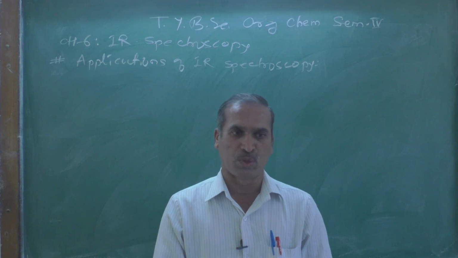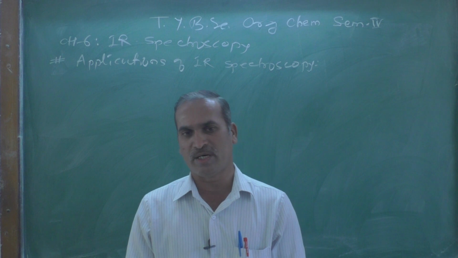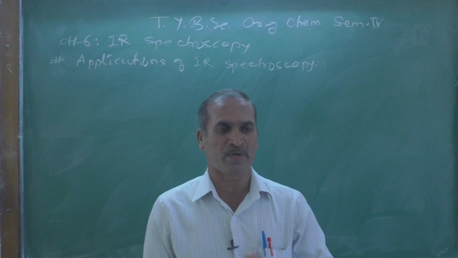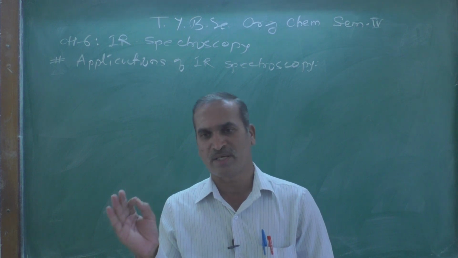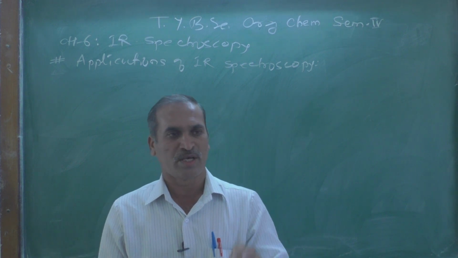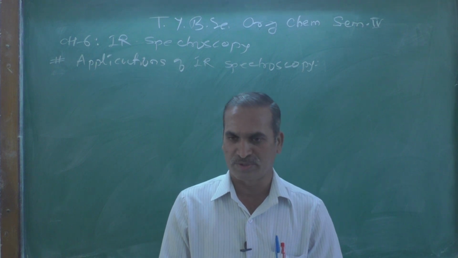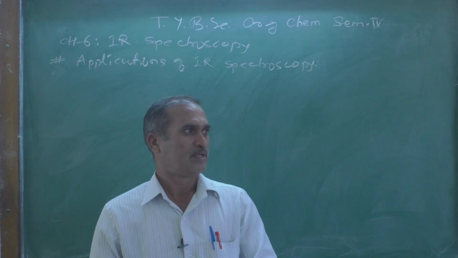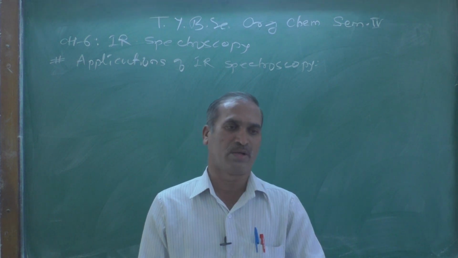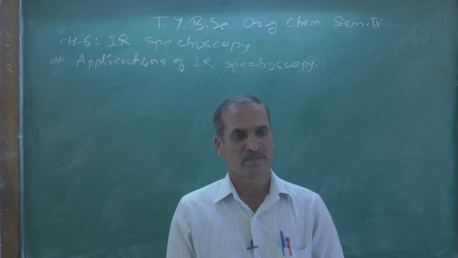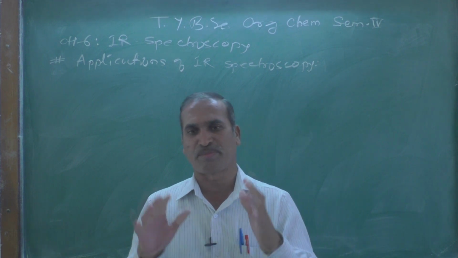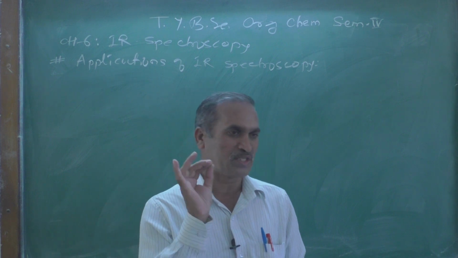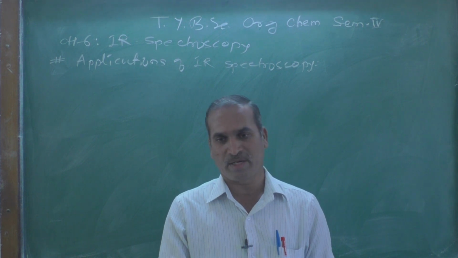And why is this so? This is due to the factors which are responsible for shifting the IR stretching frequency from the normal values. Suppose the normal value of a carbonyl group is around 1715 per centimeter. The shape and size is very recognizable.